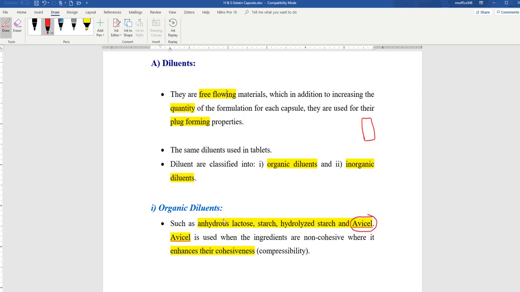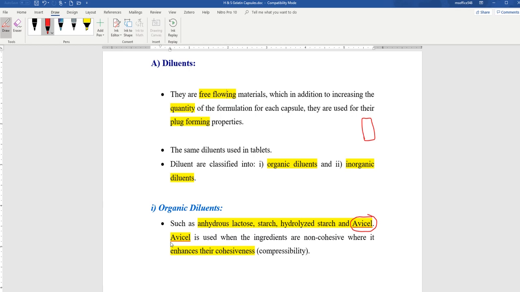This is not like the others. The others are generic names, but Avicel is a trade name. Avicel, because it's a very famous trade name, that's why I'm putting it here along with the other generic names. Now what is Avicel? Avicel is microcrystalline cellulose.